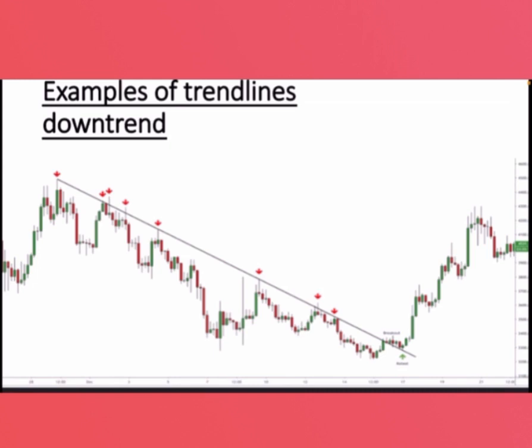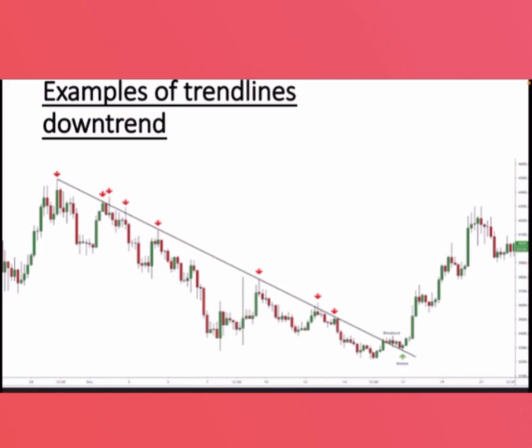Now, in a downtrend, meaning the market is going down or sellers are taking over the market, we can call it a bearish market. This is an example of a downtrend, of a bearish market where sellers are taking over. You can see a straight sloping line cutting across the candlestick wick areas. You can see the way it's touching it, and there is an arrow pointing where it's going.